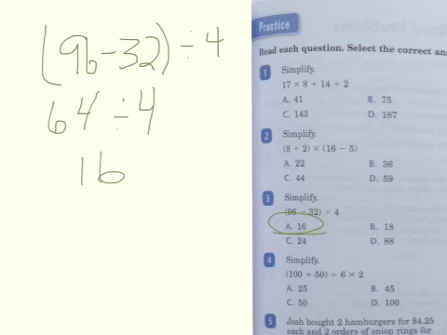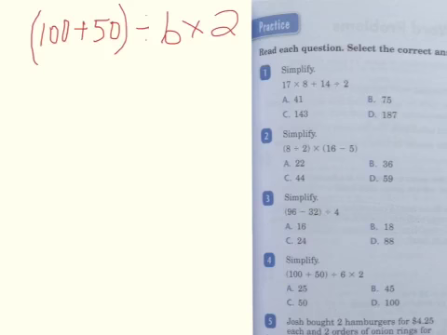Let's go ahead and go to number 4. First off, we're going to simplify the parentheses first. And then we're going to complete the division and multiplication in order from left to right. So first, inside the parentheses, 100 plus 50 is going to give us 150.